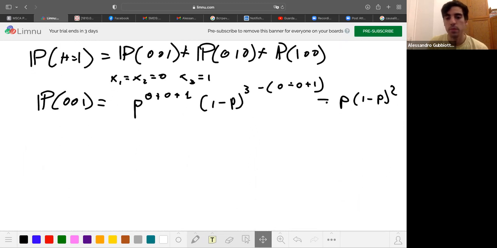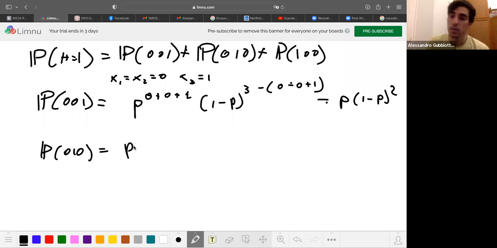Okay. So the probability of 0, 1, 0 will be the same because there is also only one success. This expression will be the same. It depends only on the number of ones.